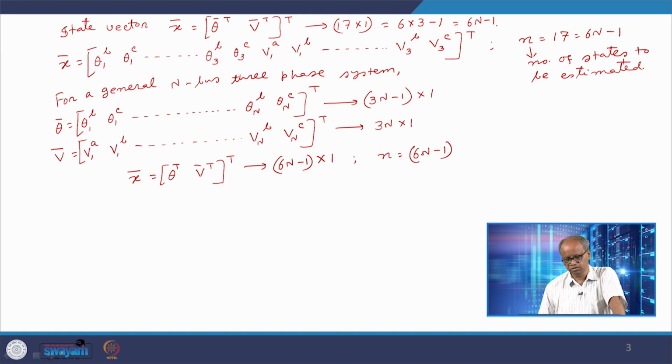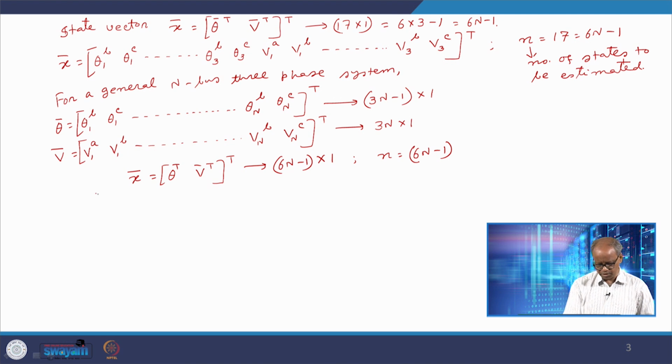So it is huge. On the other hand, for a simple balanced system, if capital N is 100, it is just 2n minus 1, which becomes 199. So the number of states to be estimated in 3-phase state estimation is quite large.